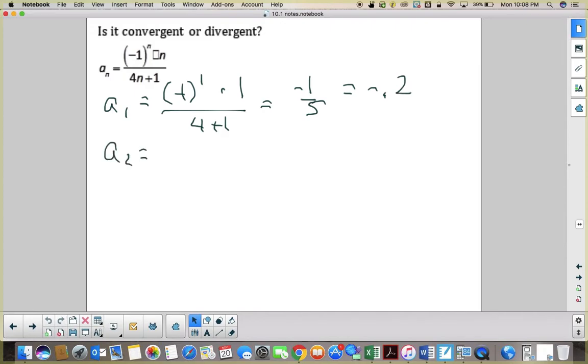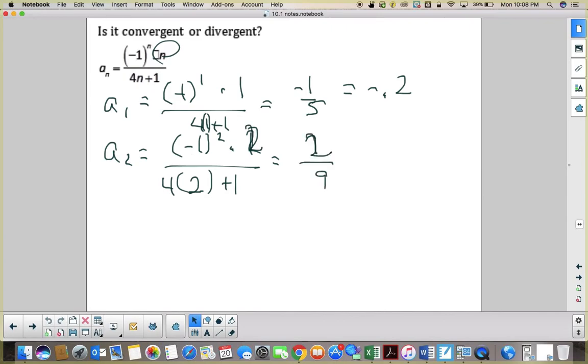A sub 2 would be negative 1 squared times 2 over 4 times 2 plus 1. I forgot to put the n there; this is n, so this would be 2. So this would be 1 times 2 over 9, which is 0.22.